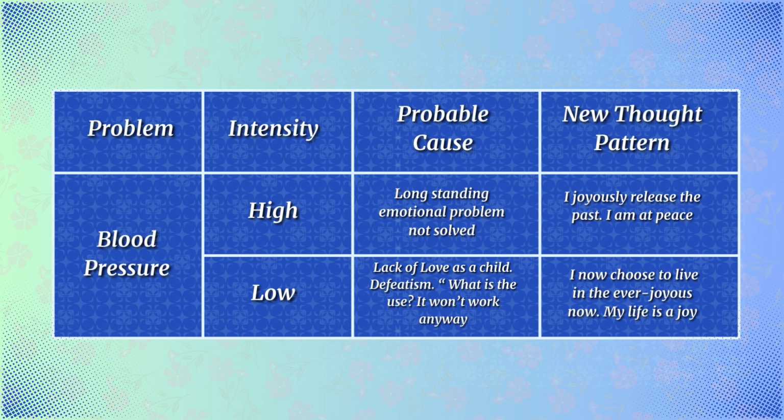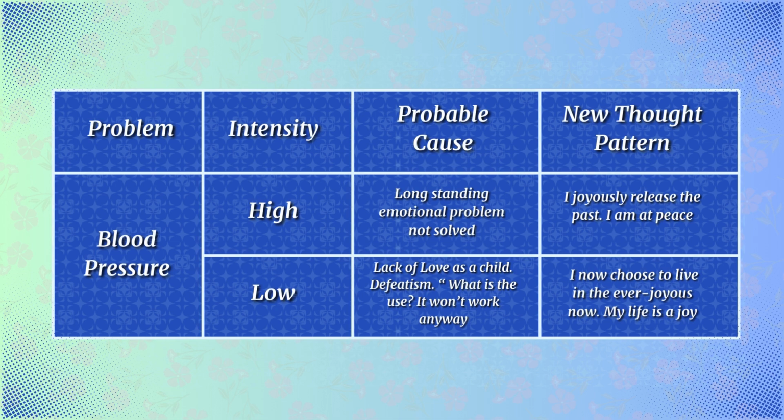That person has a lot of anger issues, a lot of emotional baggage or emotional pain inside the body, which is not being released at all. That's why this person is having high blood pressure. So the new thought pattern for that is, I joyously release the past, I'm at peace.